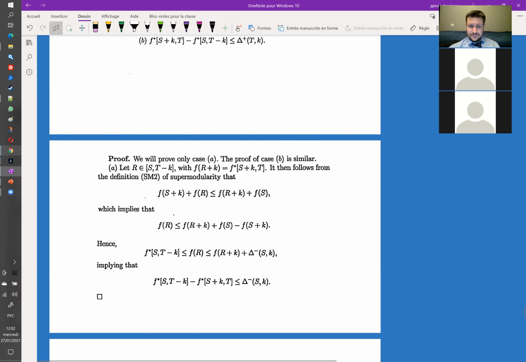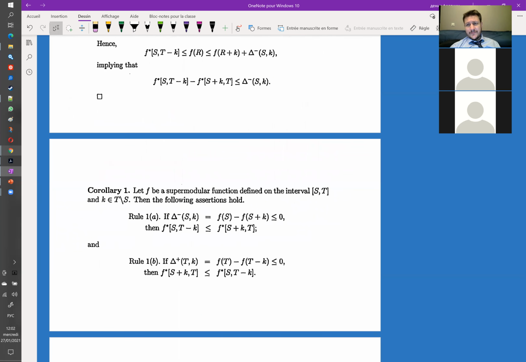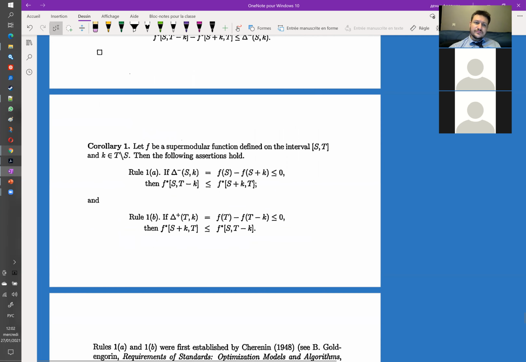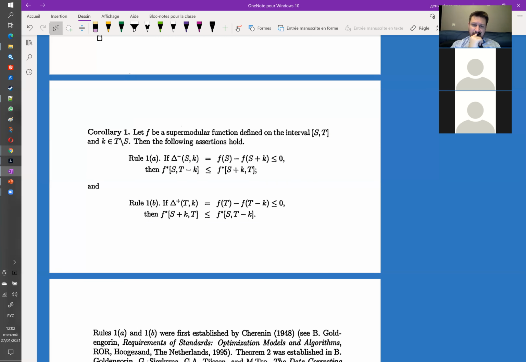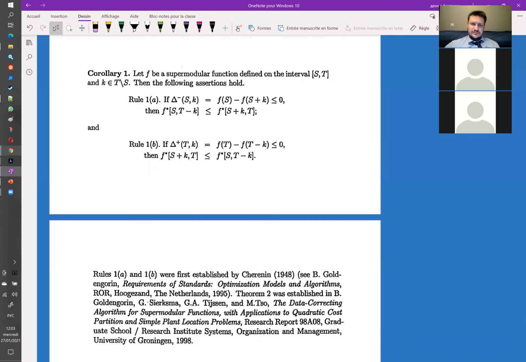So there is a proof here. As you can see, the proof is not very complicated. You should be very intelligent to check it. It's okay. But I believe that you are. So if f is a supermodular function defined on the interval, then we have several rules there for this.